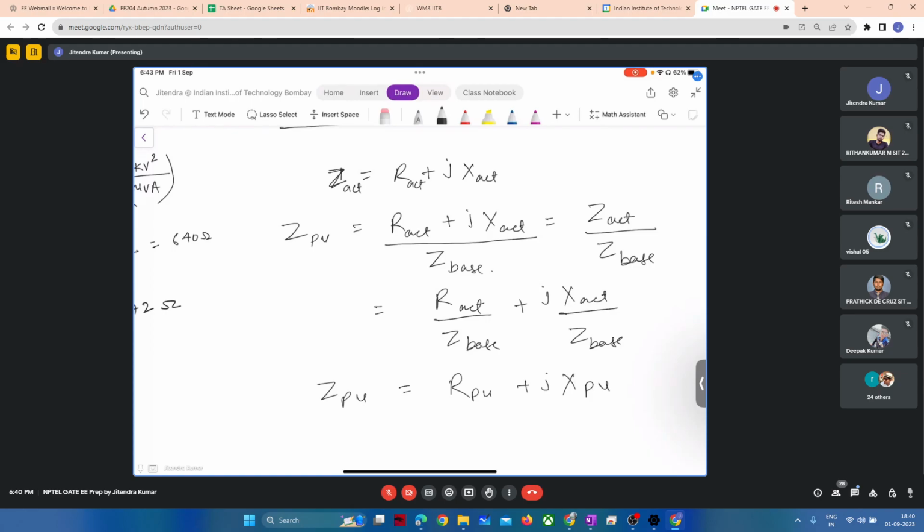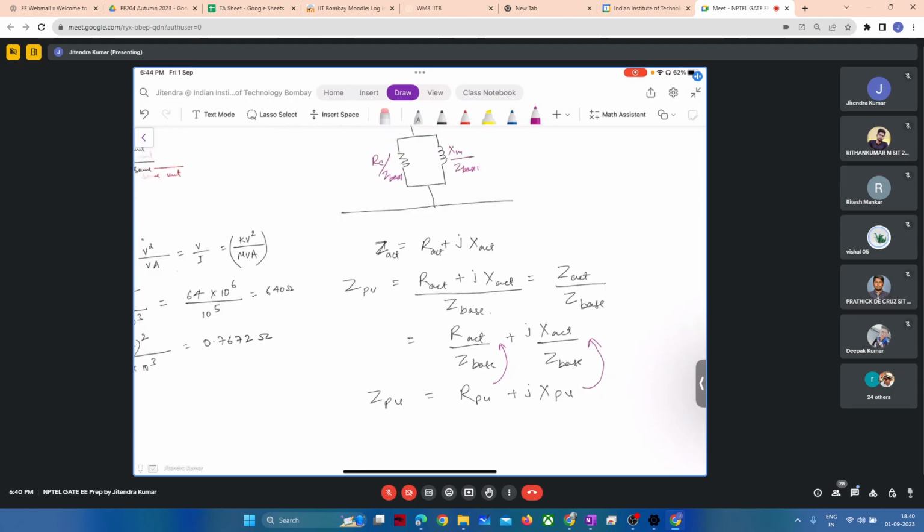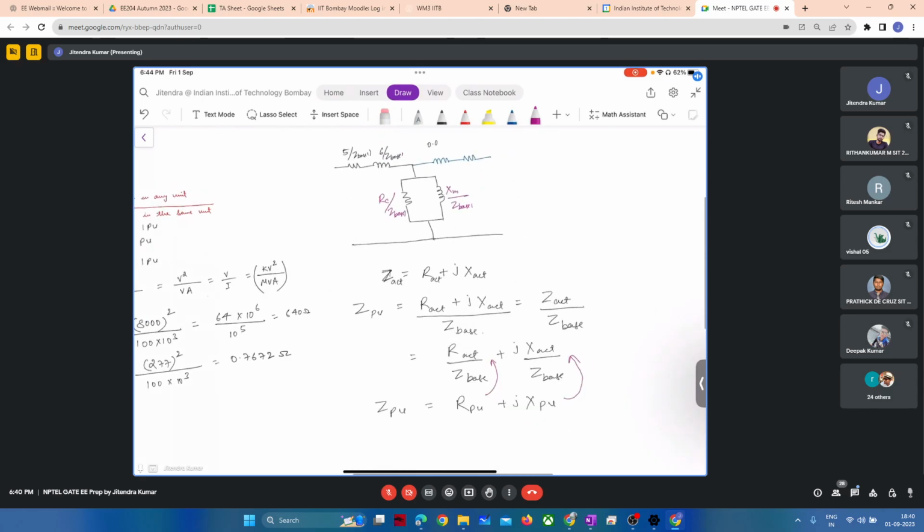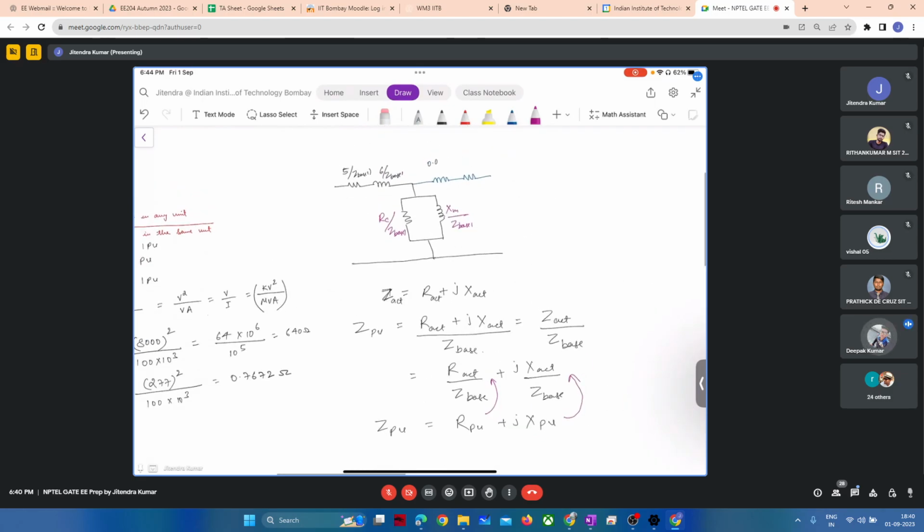And R per unit is nothing but R actual divided by Z base, and X per unit is nothing but X actual divided by Z base. So we identify Z base only, and we divide all the series elements such as resistance and reactance by it. So you will get the per unit values of those parameters. Is it clear? Yes, sir.